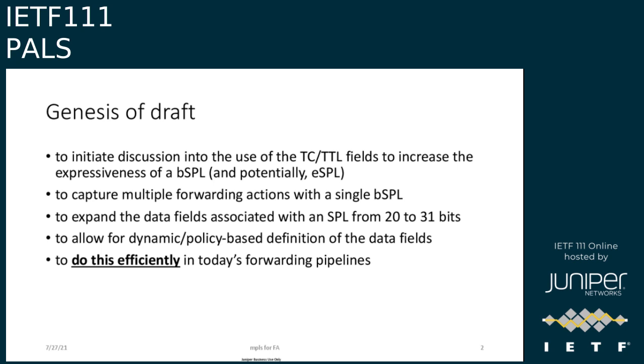And the other thing that we had done at the beginning that we kind of didn't go into was to allow for a dynamic or policy-based definition of the data fields. So instead of hard coding what the value is, we said, this could be determined by a policy. It could be something like a firewall policy. It could be other ways of distributing this information.